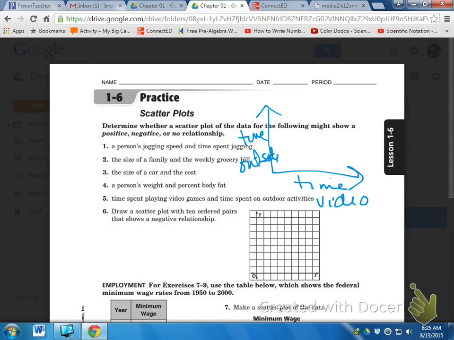Yes, if you spend very little time here in the corner playing video games, you might go outside more. But the more that you spend inside playing games, the less time you're going to go outside. So it's going to generally go downhill, which means what kind of relationship? Negative. That one's negative. Okay.